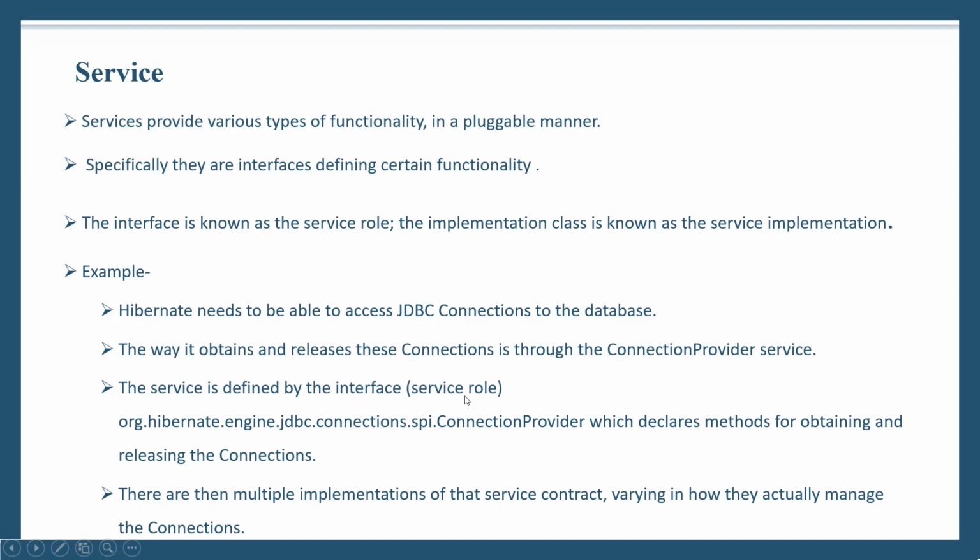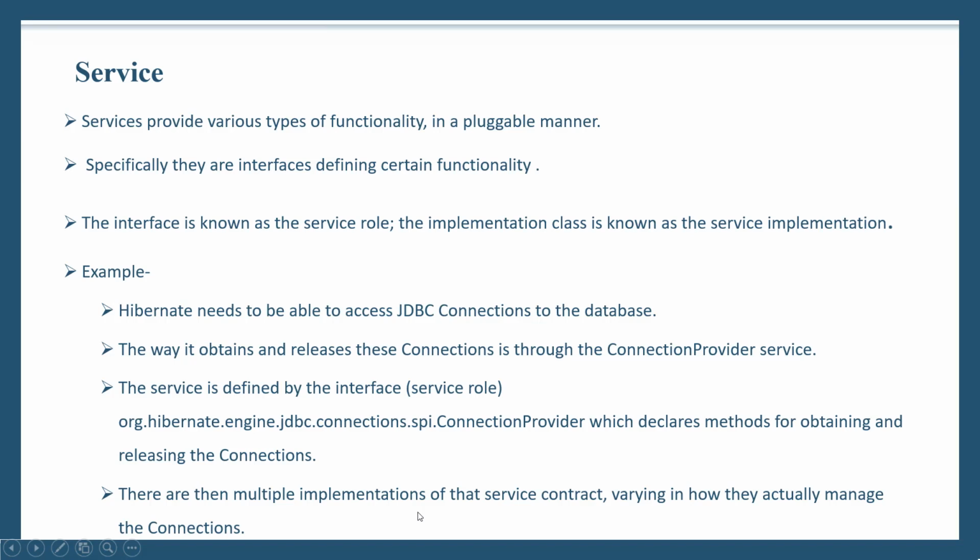The service is defined by the interface, and we know the interfaces providing services are called service role, and this service is provided by the interface org.hibernate.engine.jdbc.connections.spi.ConnectionProvider, which declares the methods for obtaining and releasing the connections.